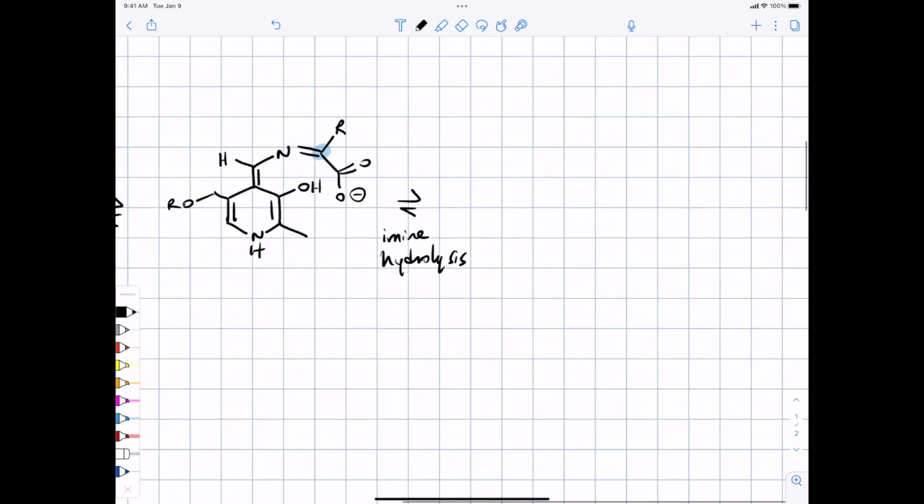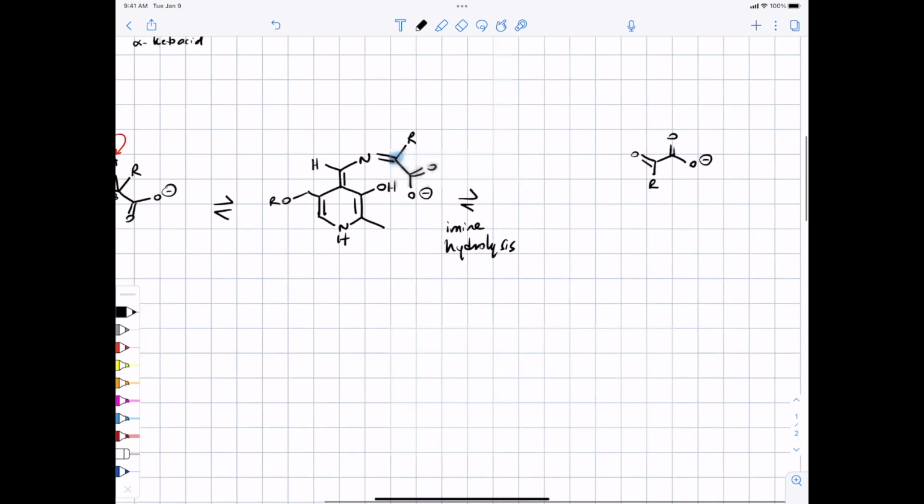And that releases your now alpha keto acid, and also releases the following molecule, which I believe, I could get this wrong, is called pyridoxylamine.